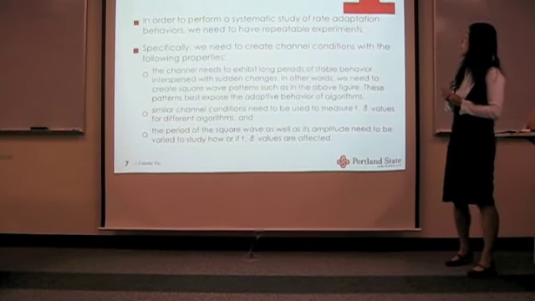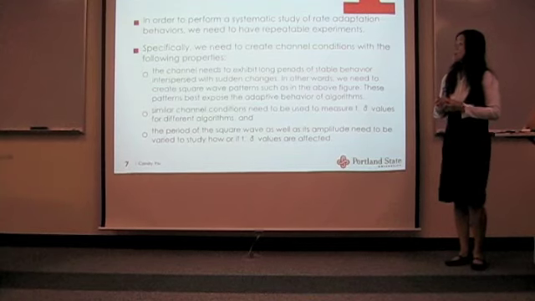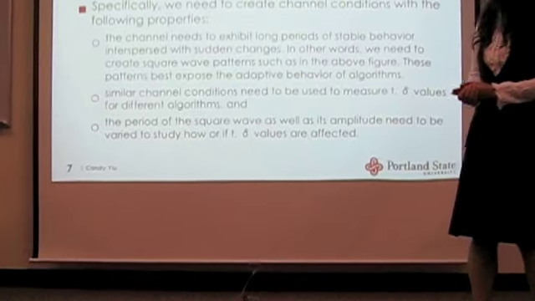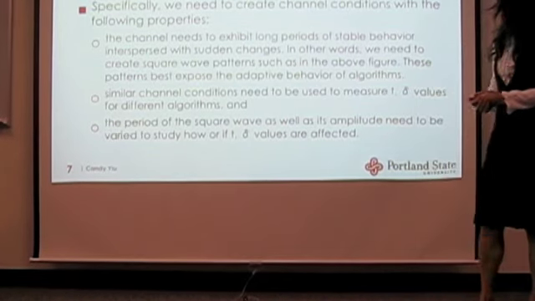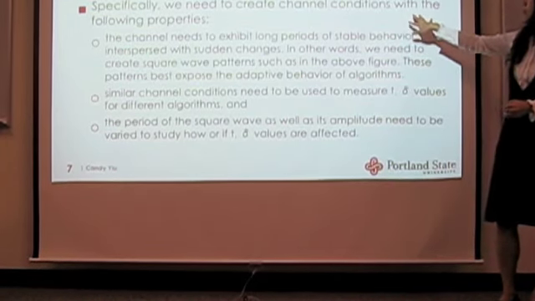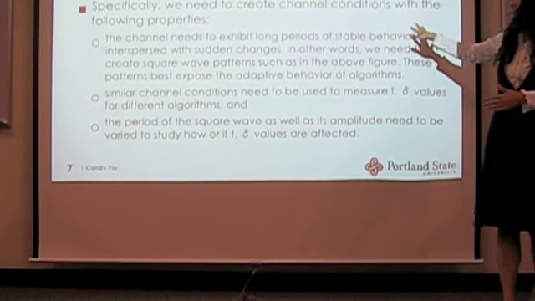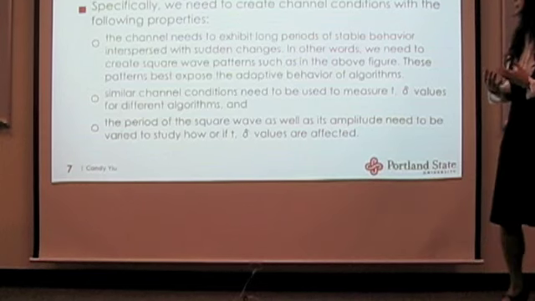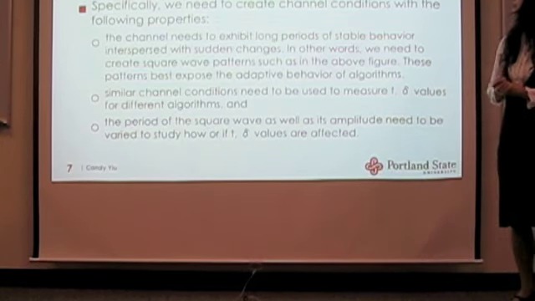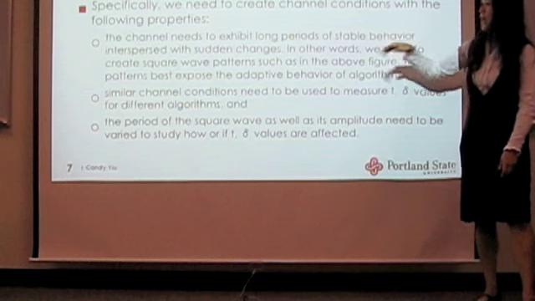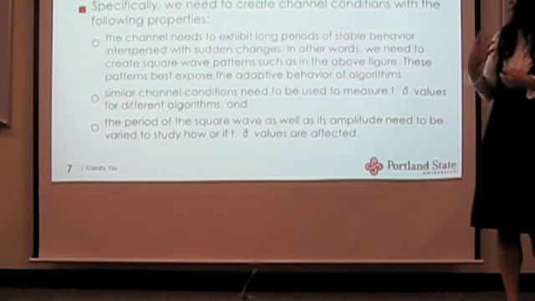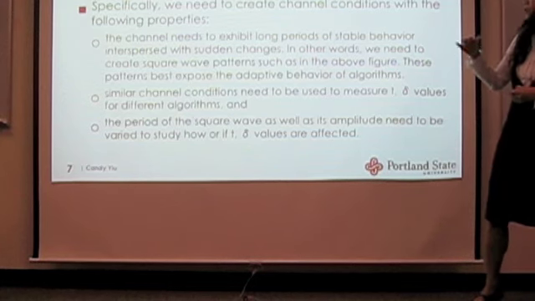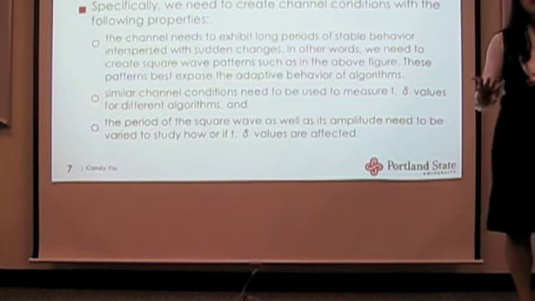In order to study rate adaptation behavior, we need to first be able to create repeatable experiments. So how are we going to do that? We create the same channel conditions with the following properties. The channel has to have stable behavior long enough such that the rate can adapt to a certain rate before we force a change.